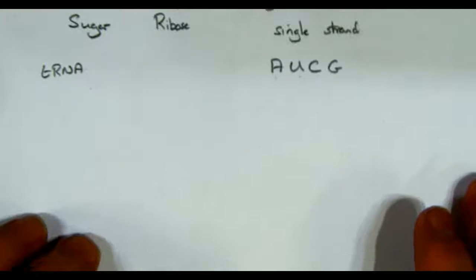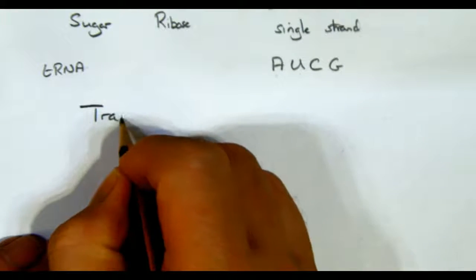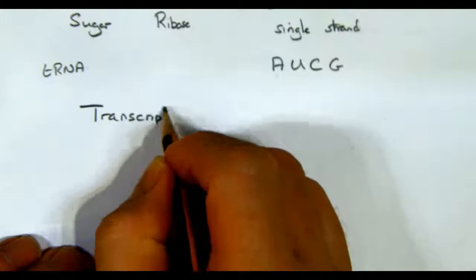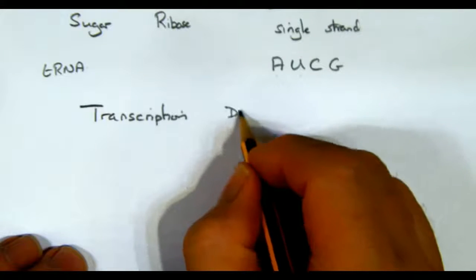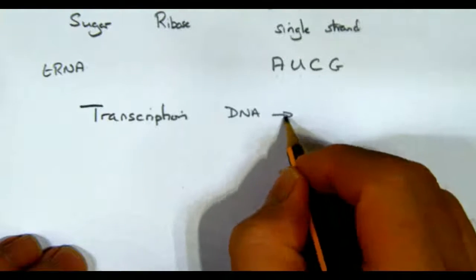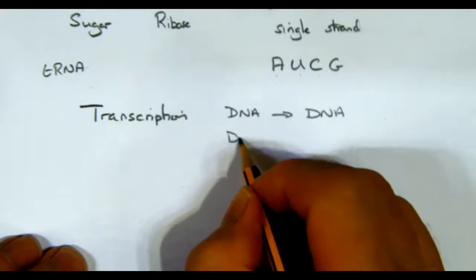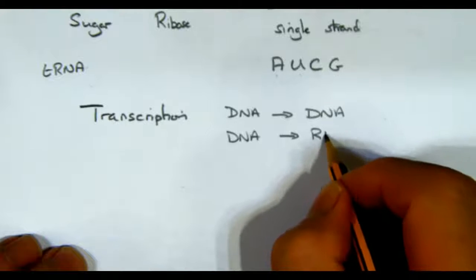So we've got two basic processes going on. We've got a process of transcription. This is when we get DNA copied to DNA, and when we have DNA copied to RNA.